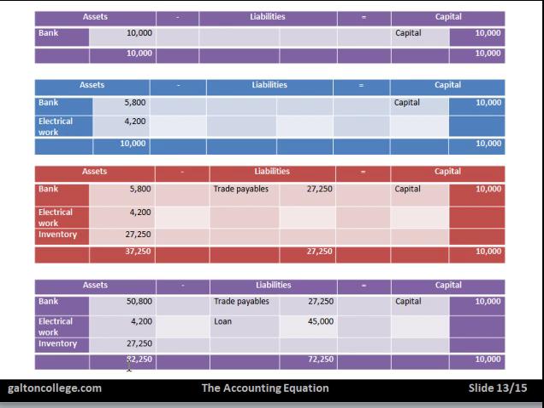So his assets now are £82,250, but his liabilities are £72,250. But again, capital plus liabilities equals assets. So we've established our accounting equation: capital plus liabilities equals assets.